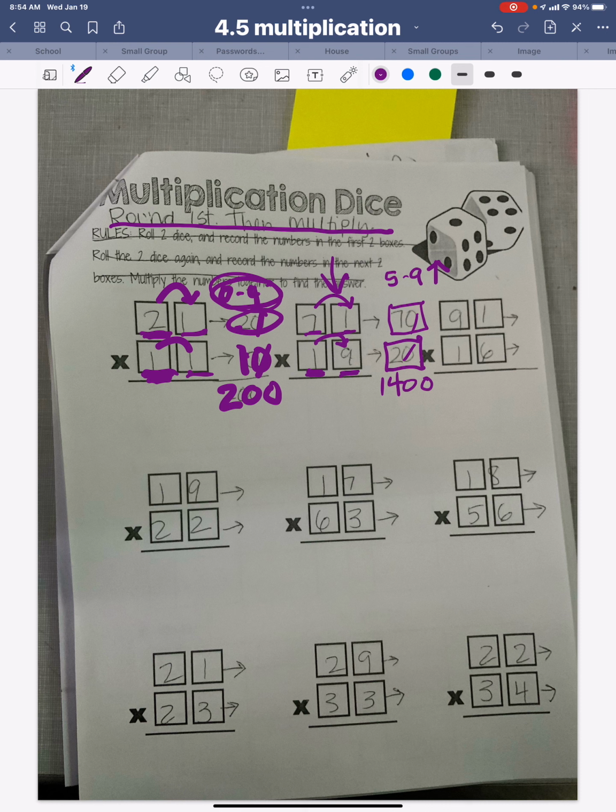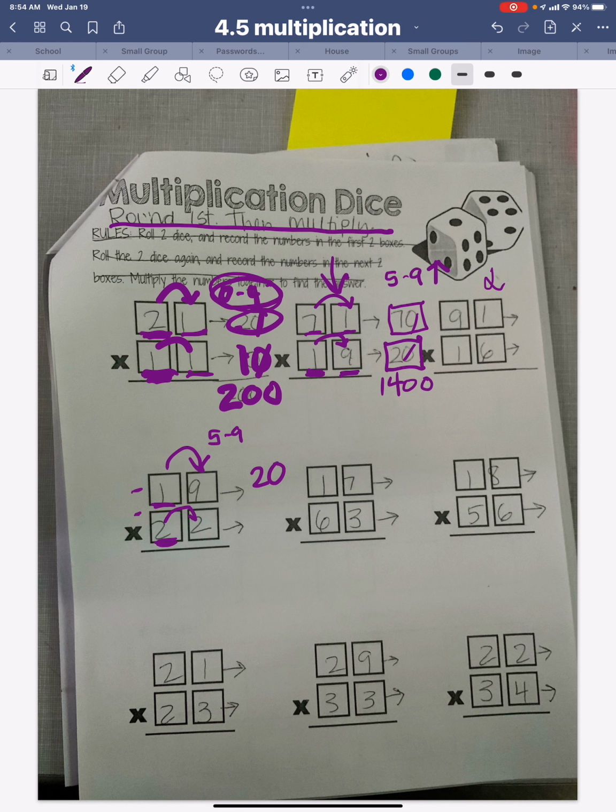Now, it looks like this page got cut off, so we're going to work one more. We're going to do 19 times 22. We're going to round to the nearest 10. I'm going to look next door to my Karen. It's a 9. And then remember, if it's between 5 and 9, then this number gets rounded up, so that becomes 20. All right, and then here we're rounding to the nearest tens.